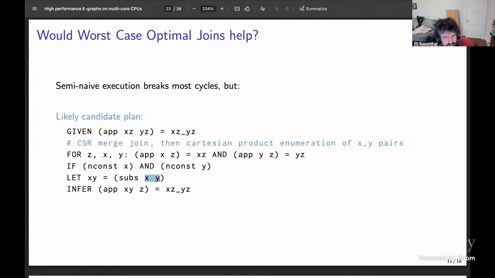So in principle, yeah, the worst case optimal joins should help here. I think the question is whether there is a way to work it into your indexing setup, because if you move from your indexes to hash tables, I'm sure everything would get like 10 times slower. So we should talk offline. Okay, yeah, let's do that.